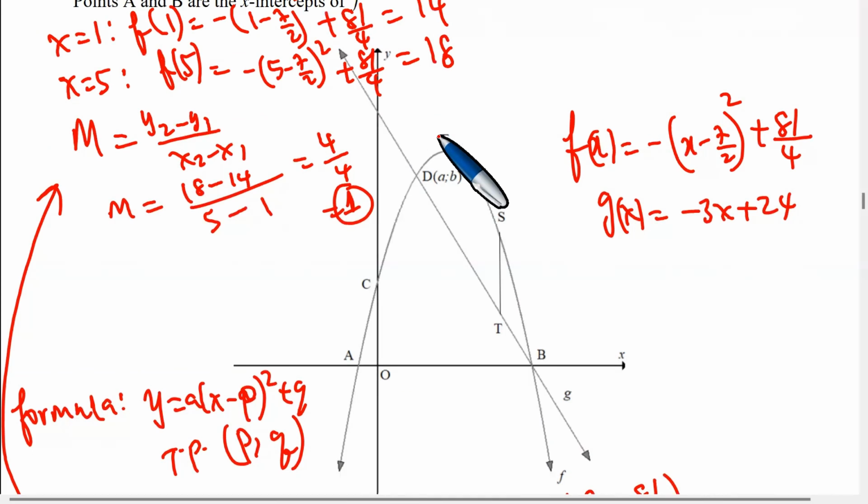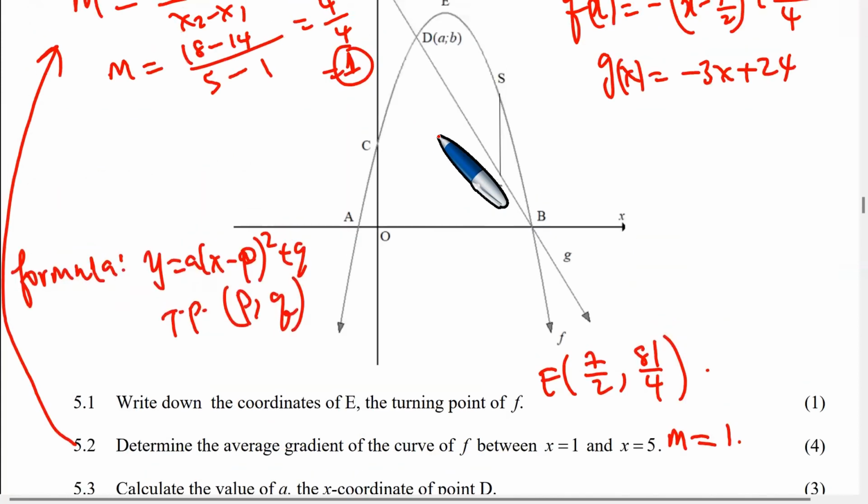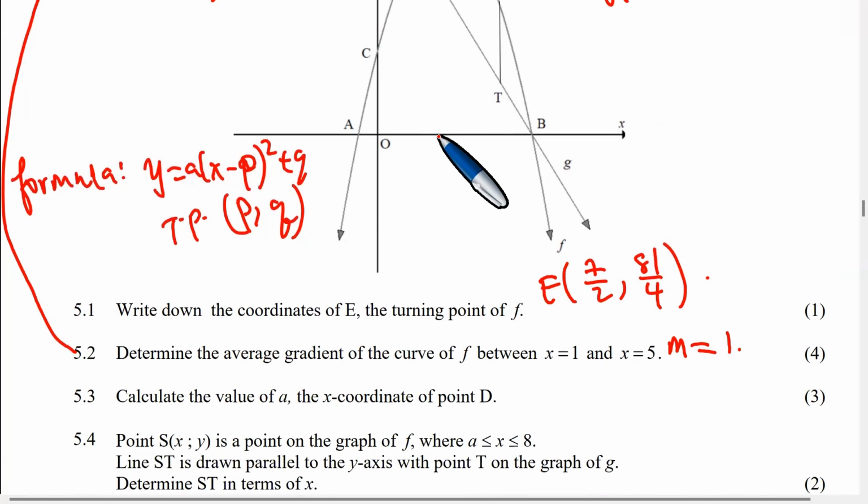Right, let's find the value of A. What's the answer?